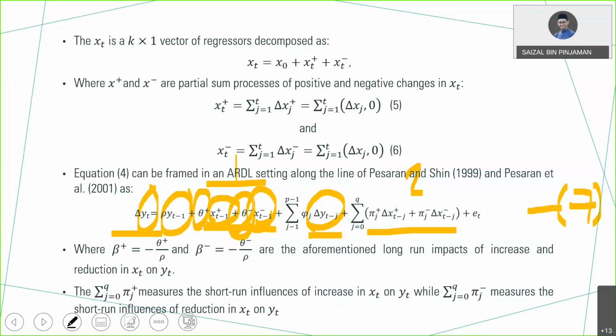To study the short run relationship, we are going to study the summation notation of the independent variable. In this case, we look into the value of the pi in positive notation and the pi in negative notation.